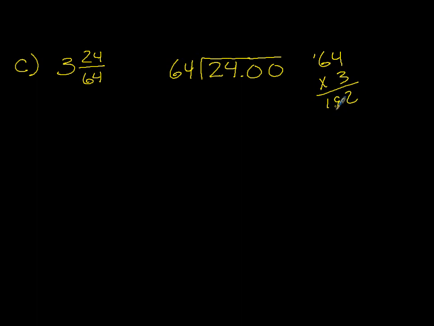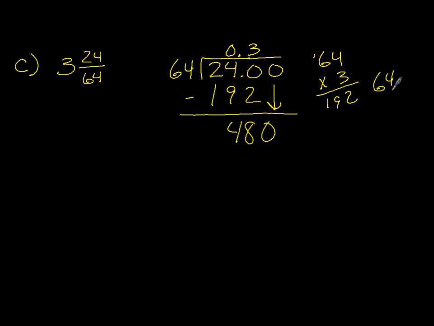I think that's as close as I'm going to get. 48. 64 into 480. So I do 7 times 60. That's how I'm working it out. So it looks like it's going to be about 7 times. 28, 42, 448.